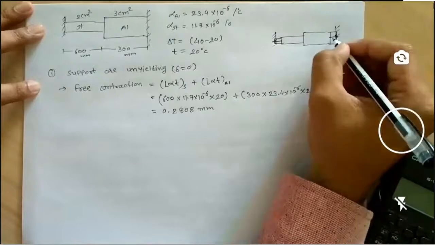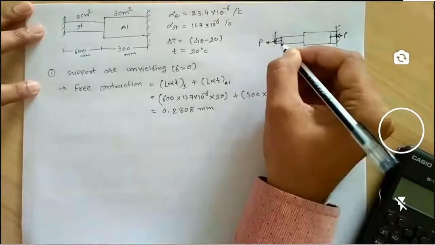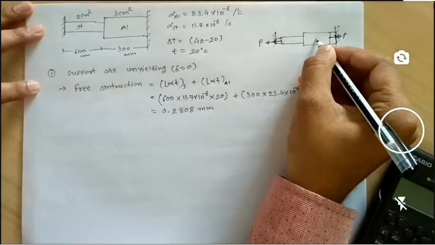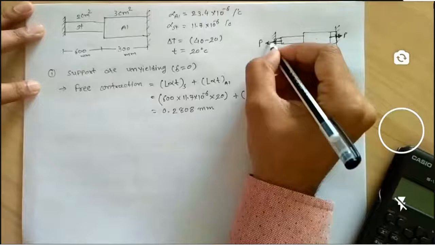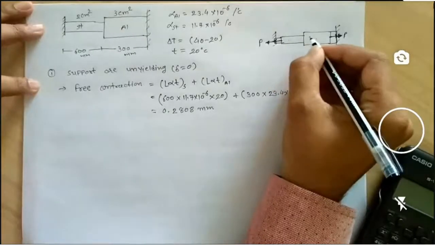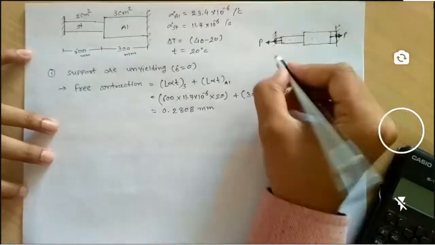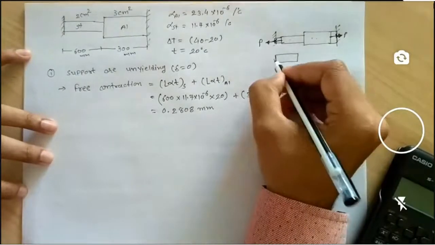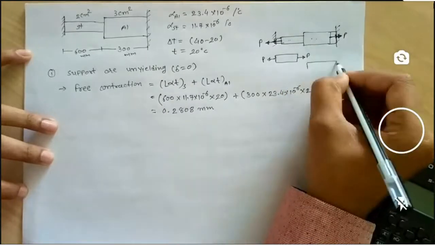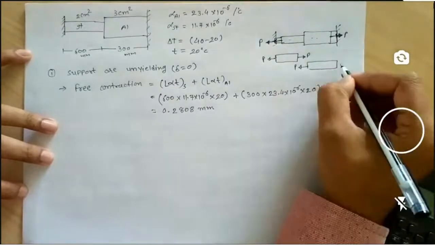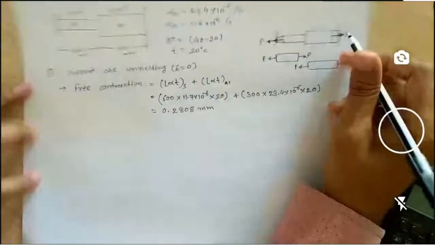And according to this pull force P, stress is generated within this element. And what is the pull force applied here? This pull force is the same on both materials, because if you try to find the equilibrium force, for the first element this is the P force here, and for the second element the P force is here and P force is here, meaning the force value for both elements is the same.